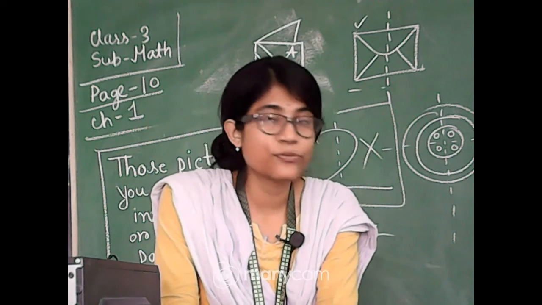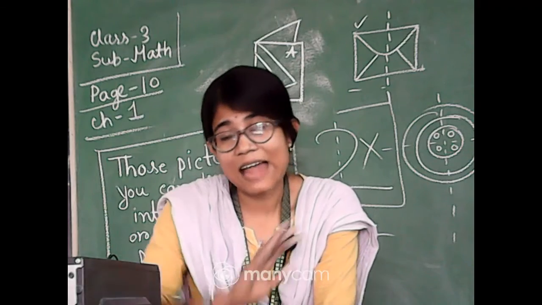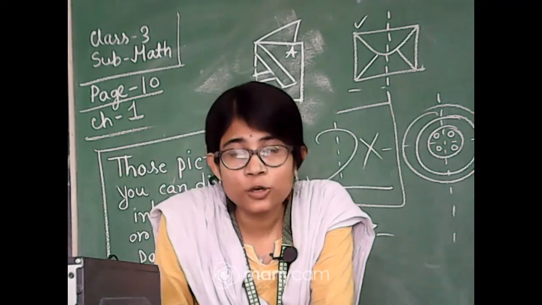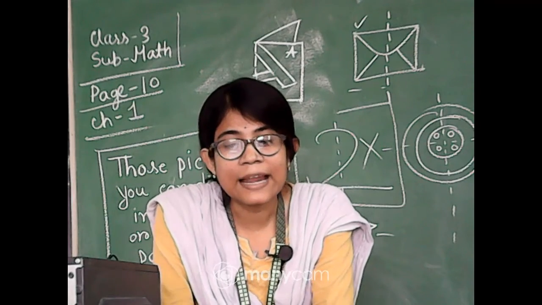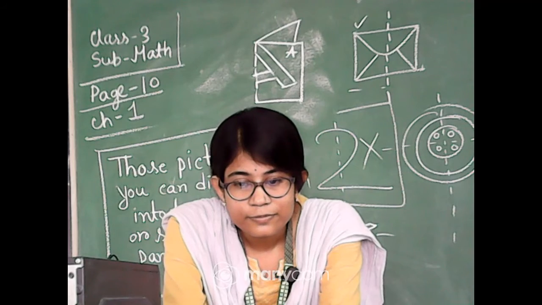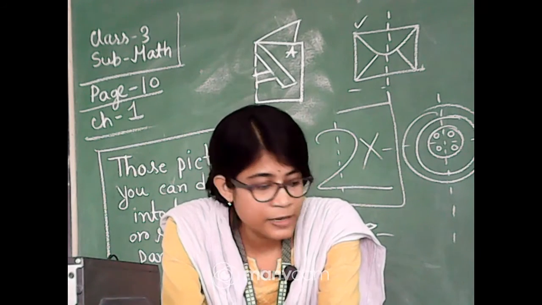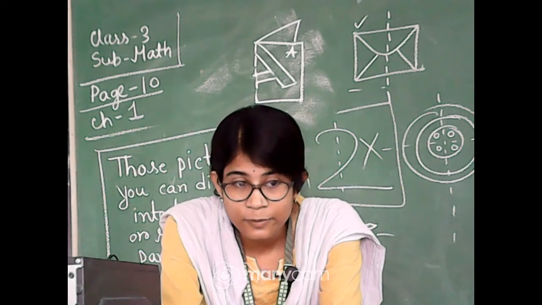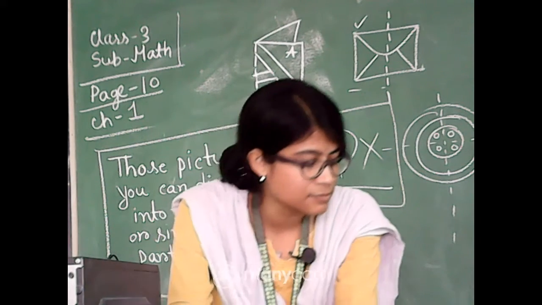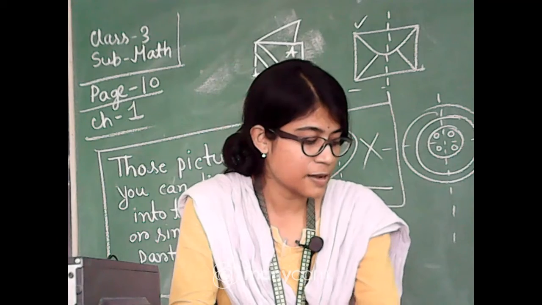Now you have to draw the other half of those alphabets. Can you do it at home? Do you promise me that you will do it at home? Yes, very good. That's my students.